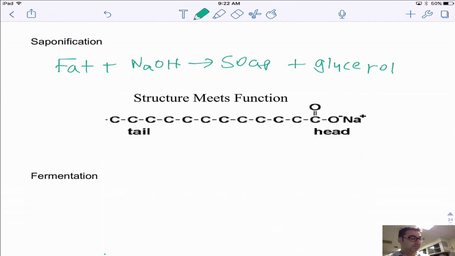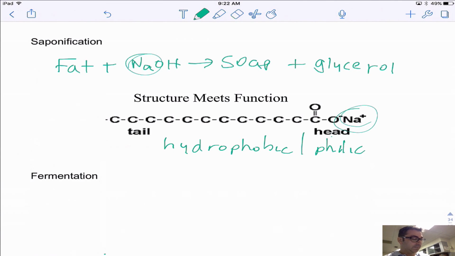Now, something interesting about this is that the soap actually, when it combines, the sodium ion from the NaOH will combine with the long hydrophobic tail of the fat. And this leads to a structure that is both hydrophobic, meaning it doesn't like water, and hydrophilic. And the idea behind this is that the hydrophilic can interact with the water, the hydrophobic can interact with the dirt and grime and grease, and then you actually can get clean from this.